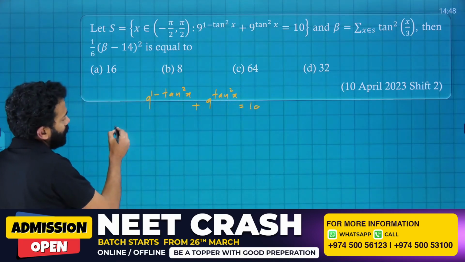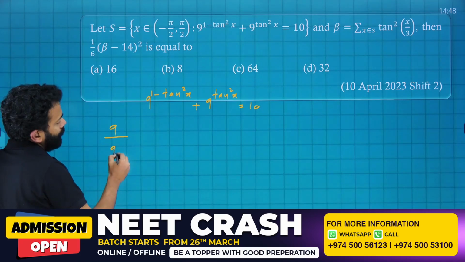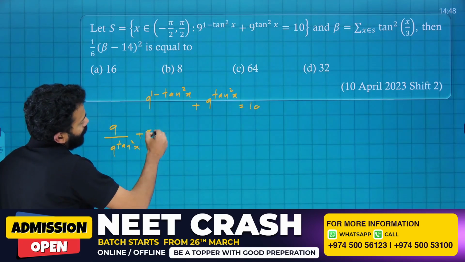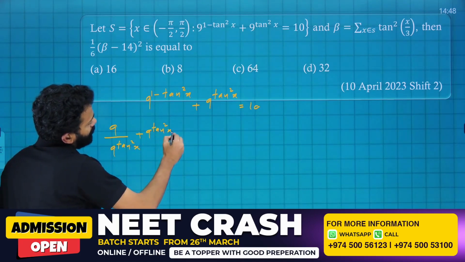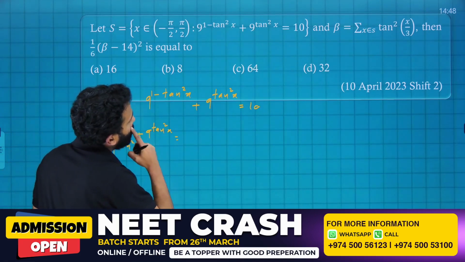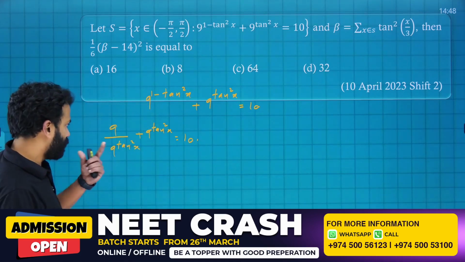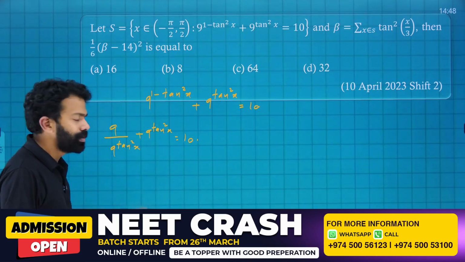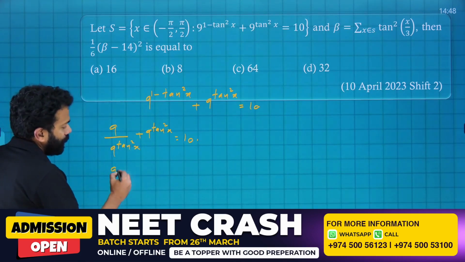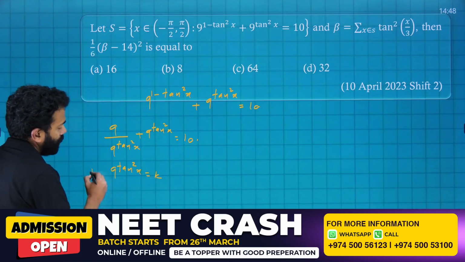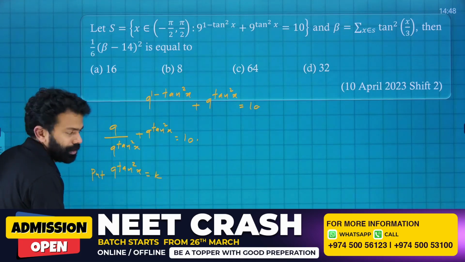This can be written as 9 by 9 raised to tan square x plus 9 raised to tan square x, which is equal to 10. So, instead of 9 raised to tan square x, I am substituting for that. Let's put 9 raised to tan square x equal to k.